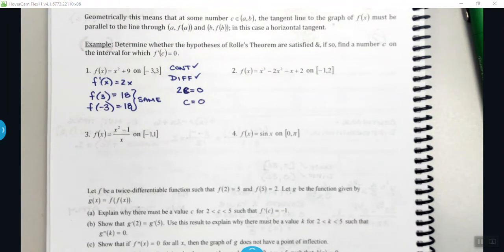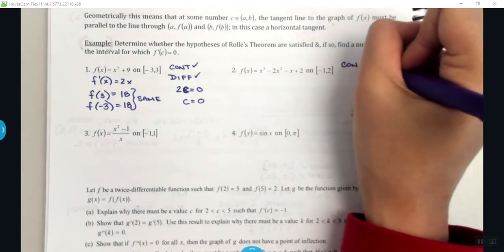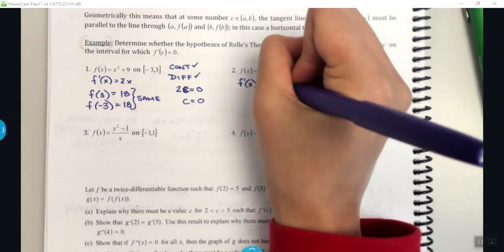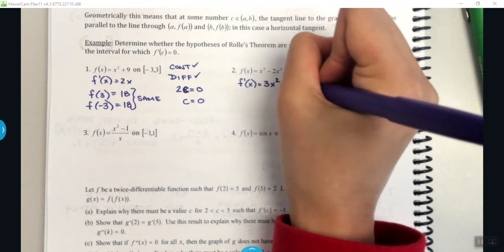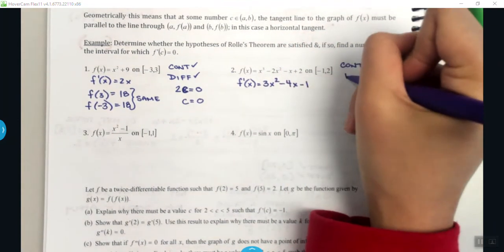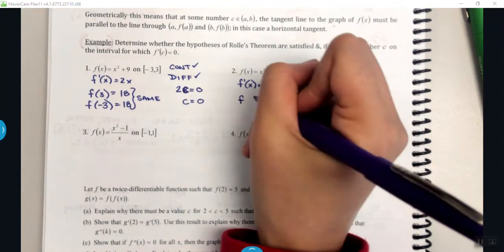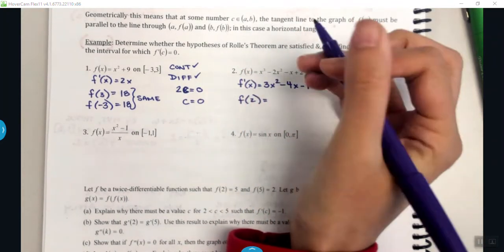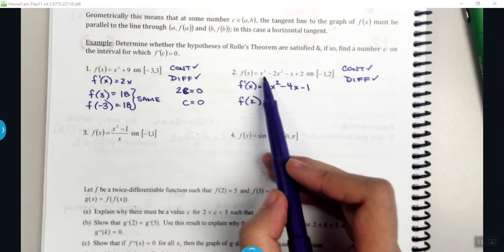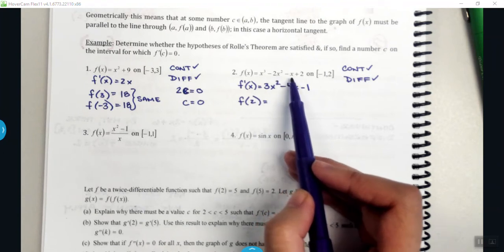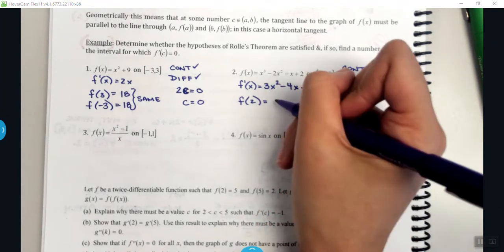All right, let's do number 2. Continuous, yes. Differentiable, but I mean, all polynomials are differentiable. Check. F of 2: 2 cubed is 8, minus 8, minus 2, plus 2. That's 0.